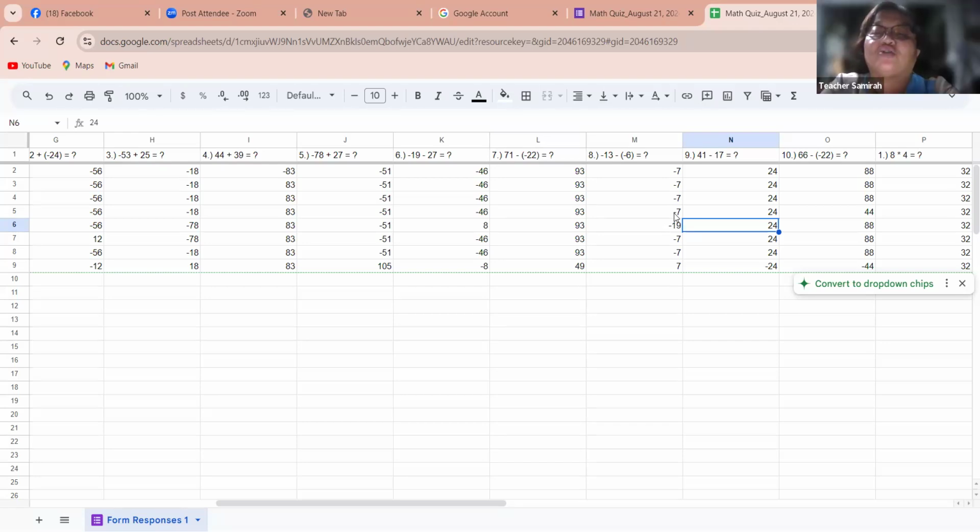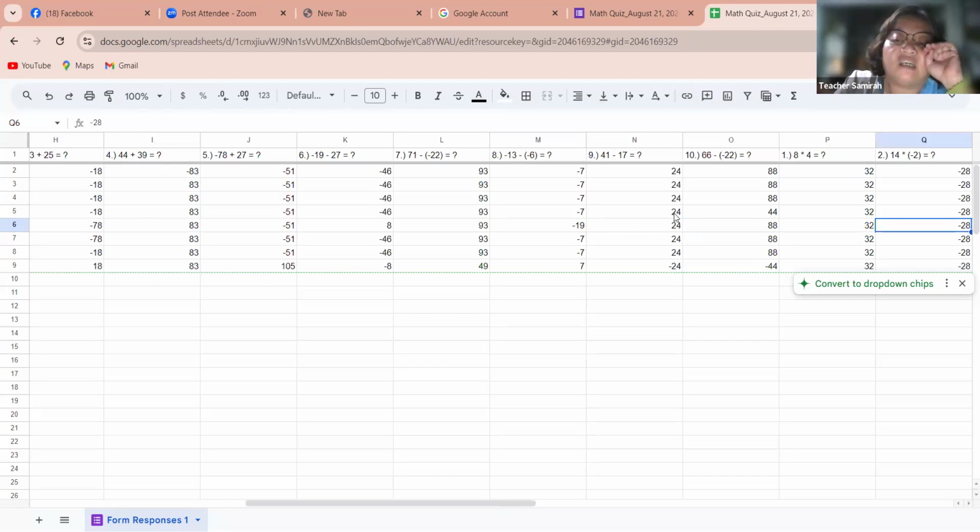So the correct answer should be negative 7. But your answer was negative 19. So that is where you got your answer wrong. Okay, number 9.